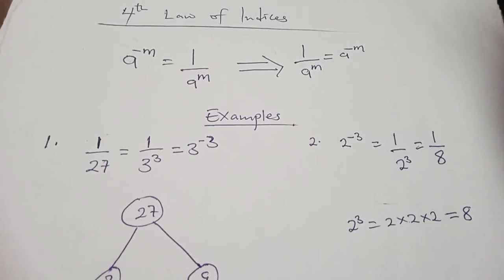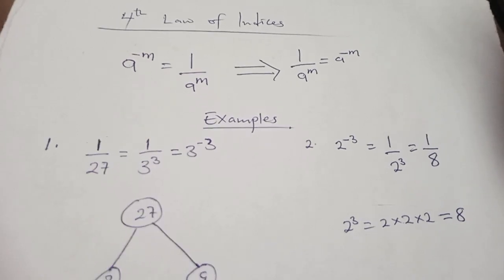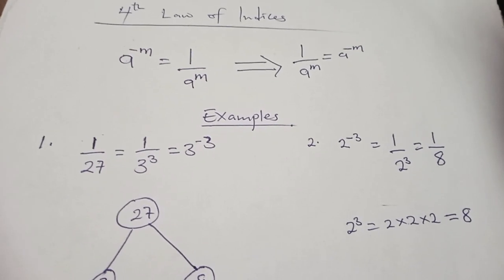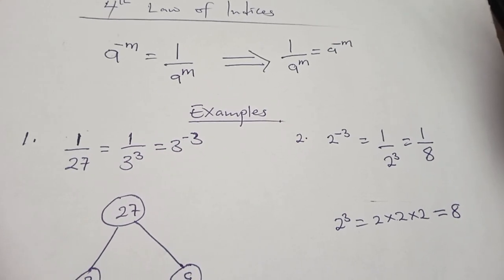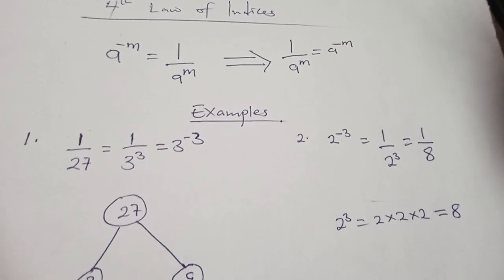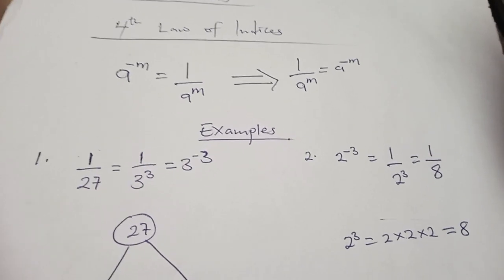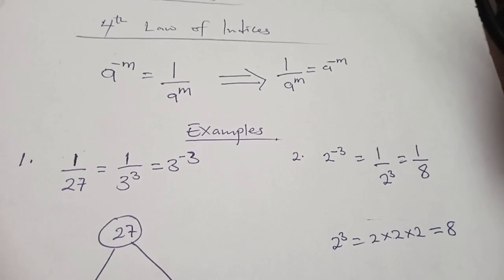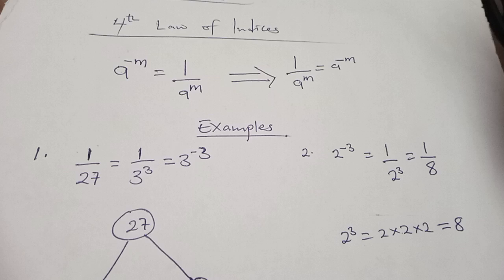Anytime you have an indices with a negative power, you have 1 over that same indices, and when you have 1 over a to the power m, you have the negative of that indices. So they work hand in hand.